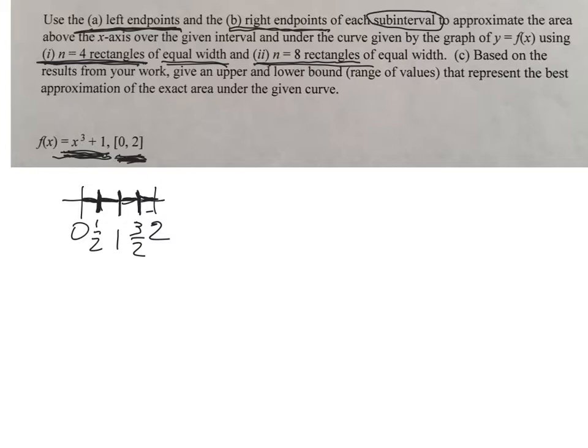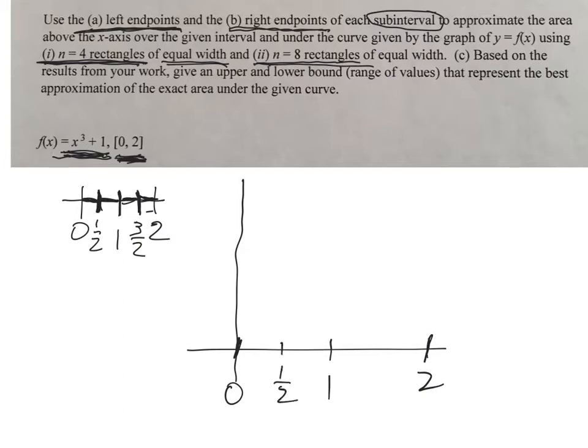Now, let's take a look at the graph. We'll make this really big, at least the x-axis really spread out. We're not going to be able to spread the y-axis out quite this much, but if we say here's 0 to 2, and there would be 1, and there would be our 1/2 and 3/2.